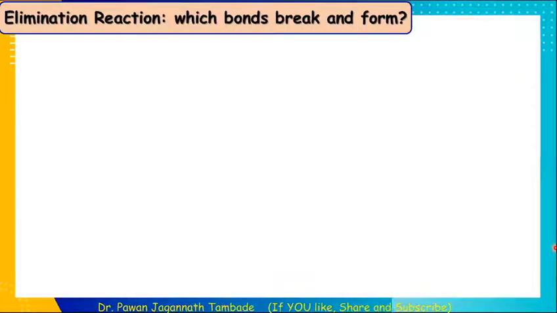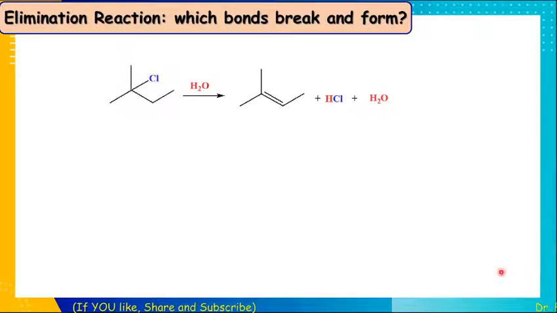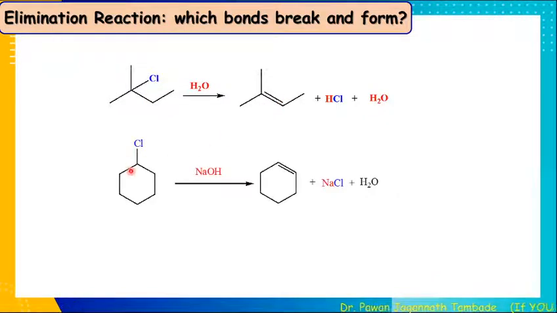So now we will see which bonds break and which bonds form during the course of elimination reactions. For that, again consider the elimination reaction where this tertiary alkyl halide gives alkene as a product or this secondary alkyl halide gives this alkene as a product.